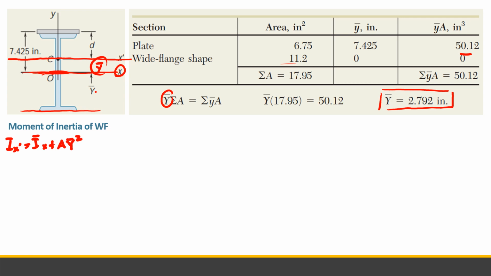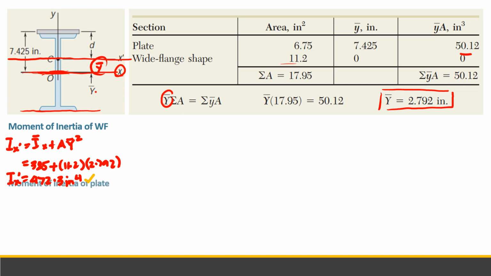Okay, so this is equals to, so we are given with the moment of inertia of a flange with respect to its centroid, so which is 385 inches to the fourth plus A is 11.2 times y bar is 2.792 inches squared. So this is equals to 472.3 inch to the power of 4. So that is for the wide flange, no?